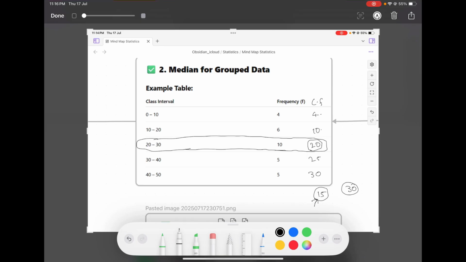Now let us apply the formula. The formula here is: Median is equal to L plus (n plus 1 by 2 minus f) divided by fm, into h.